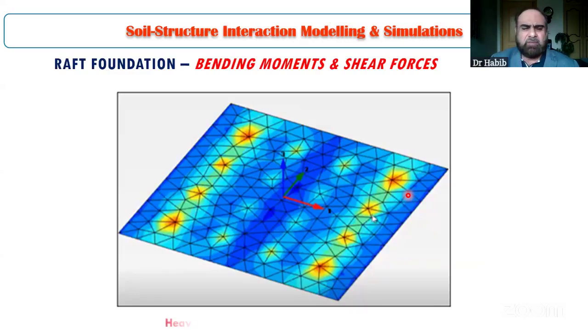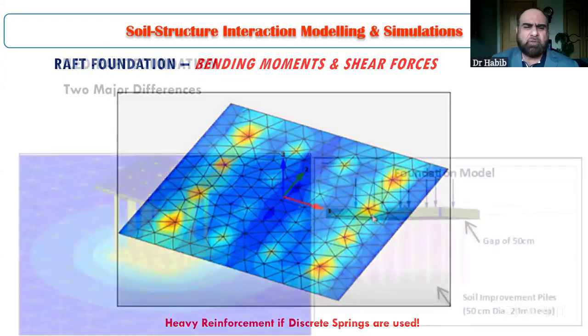Otherwise, it has been seen that heavy reinforcement results if discrete springs are used, because we have very high base pressures, and we may have bending moments and shear forces far from the true ones. So this is regarding the raft foundation.